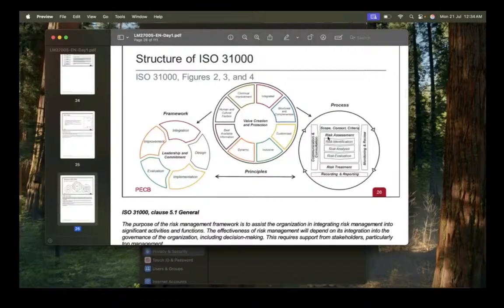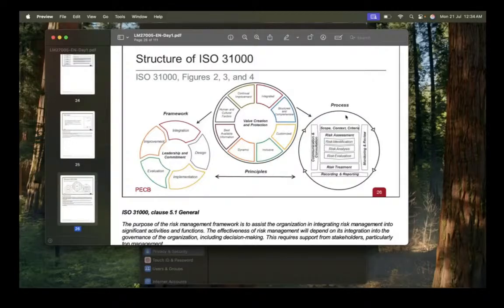Then the value creation and protection factors: it should be integrated, structured and comprehensive, customized, inclusive, and dynamic with the best available information. It should include human and cultural factors, and continual improvement is there.